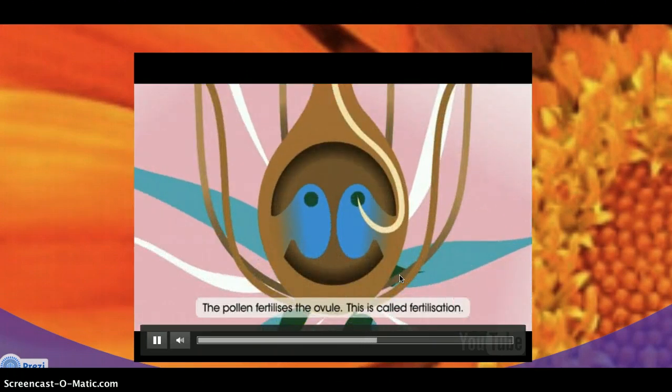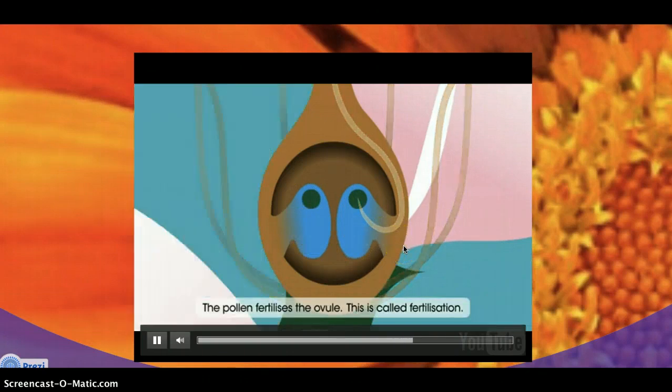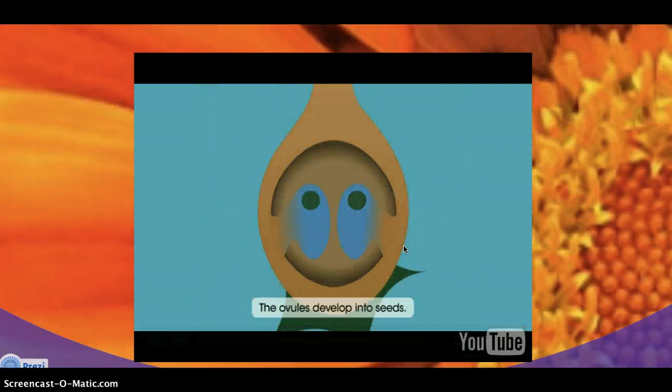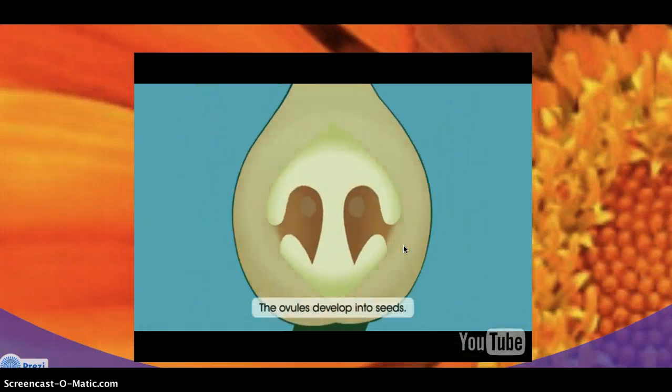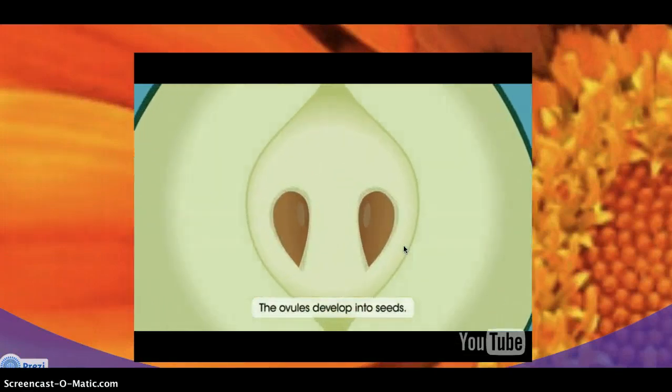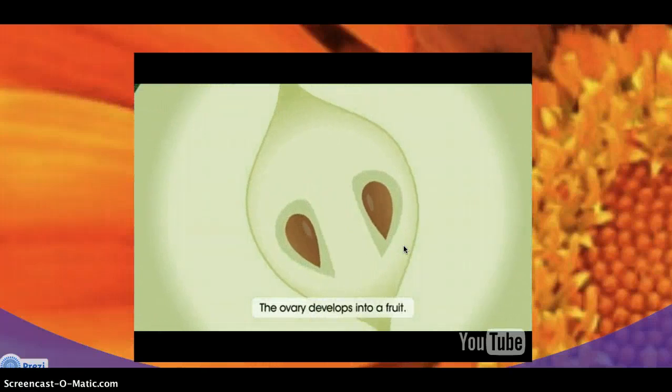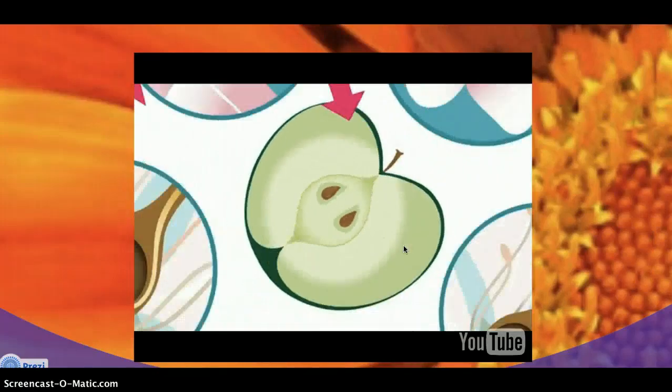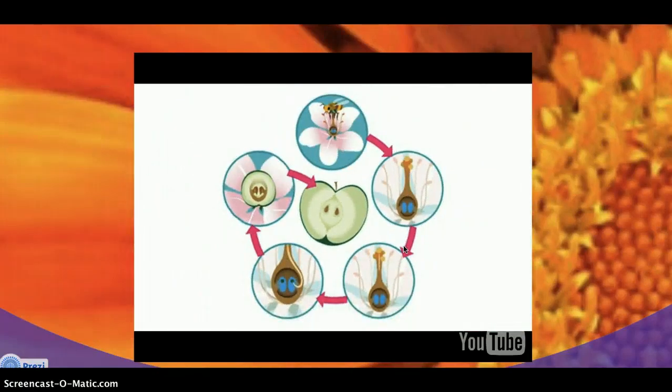The pollen fertilizes the ovule or the egg cell, and this is called fertilization. The ovules develop into seeds, and the ovary develops into a fruit. And there you can see your apple.